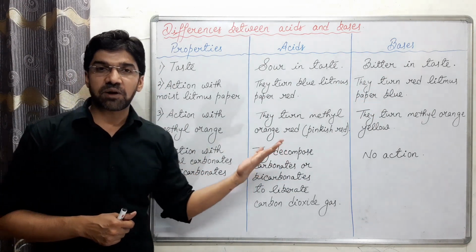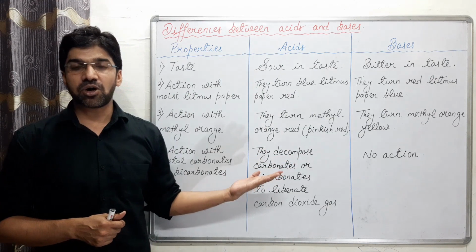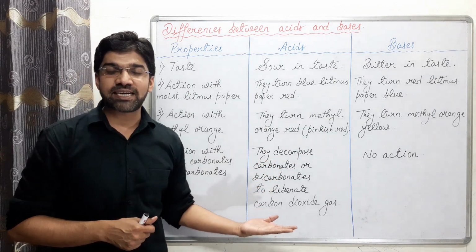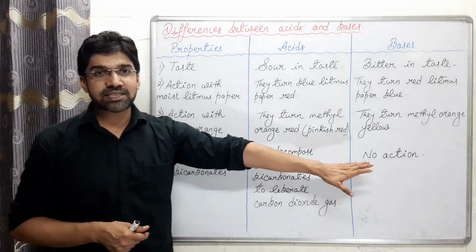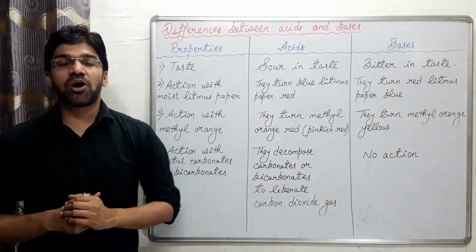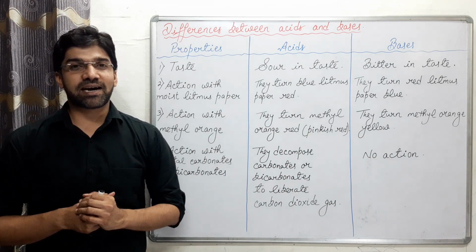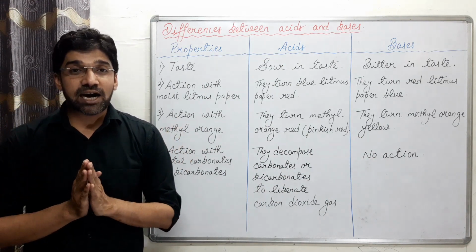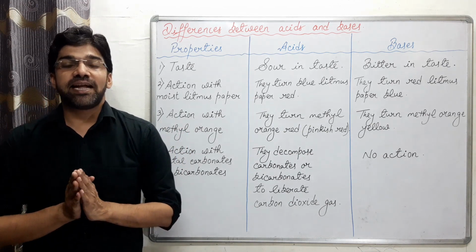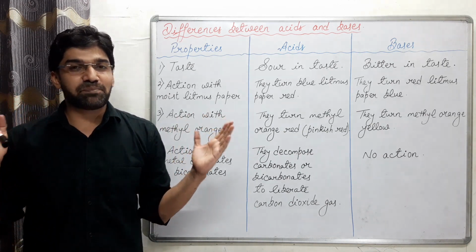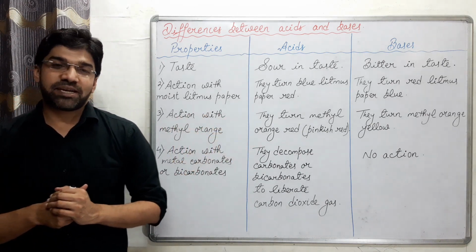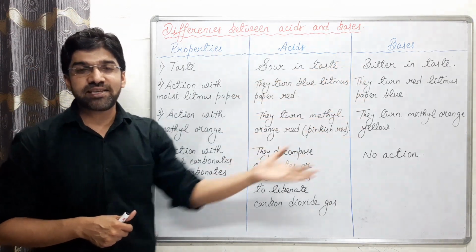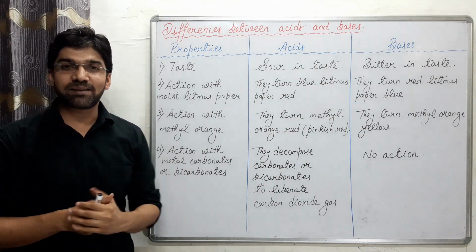Acids decompose carbonates or bicarbonates to evolve carbon dioxide gas, and bases have no action on carbonates or bicarbonates. Why? Because carbonates and bicarbonates are basic in nature, and a base does not react with a base in any chemical reaction. So that's why bases do not react with carbonates or bicarbonates.